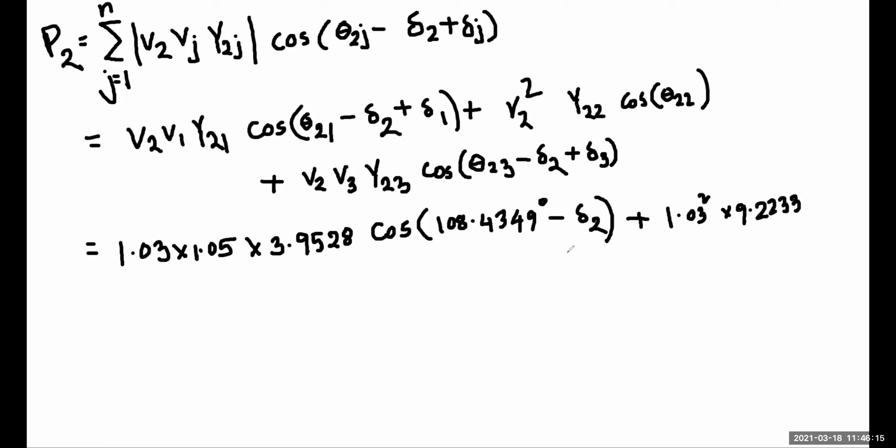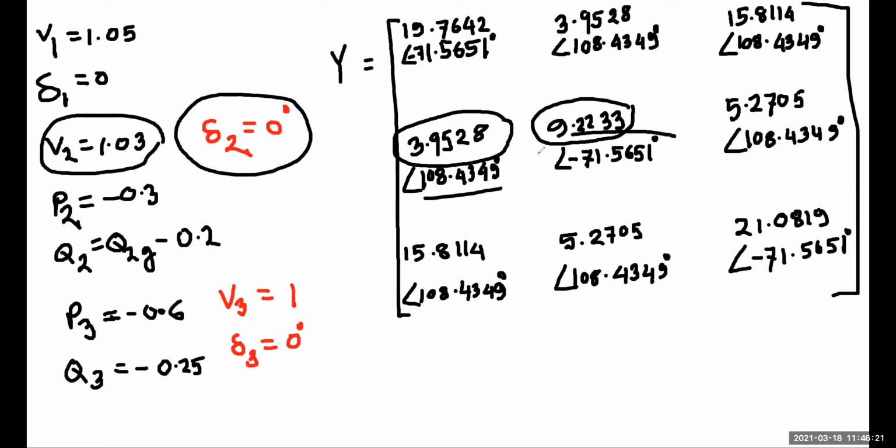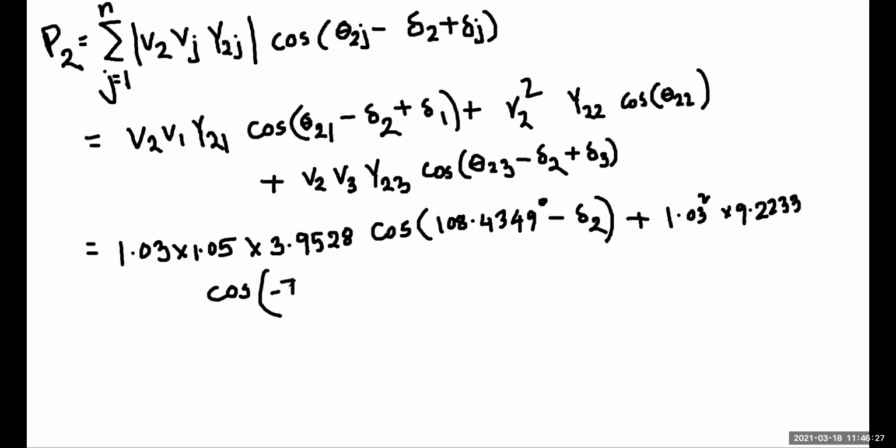Now cos of theta22, this one is minus 71.5651 degree. That's it. Now your V2, what is your V2? 1.03.